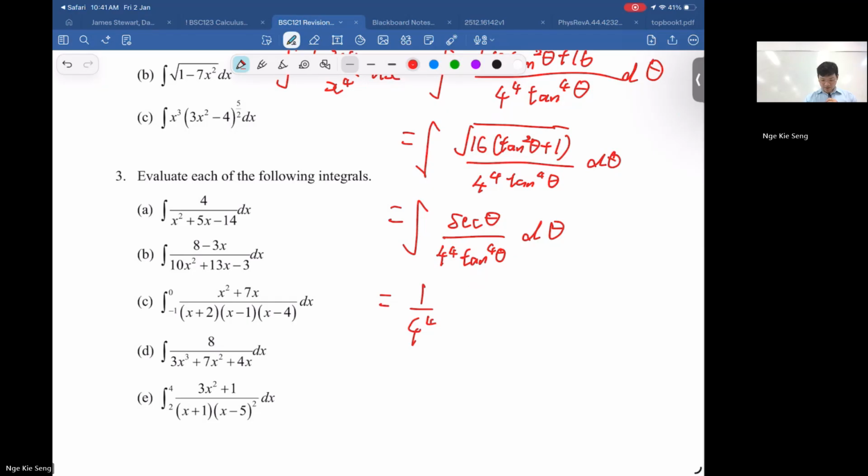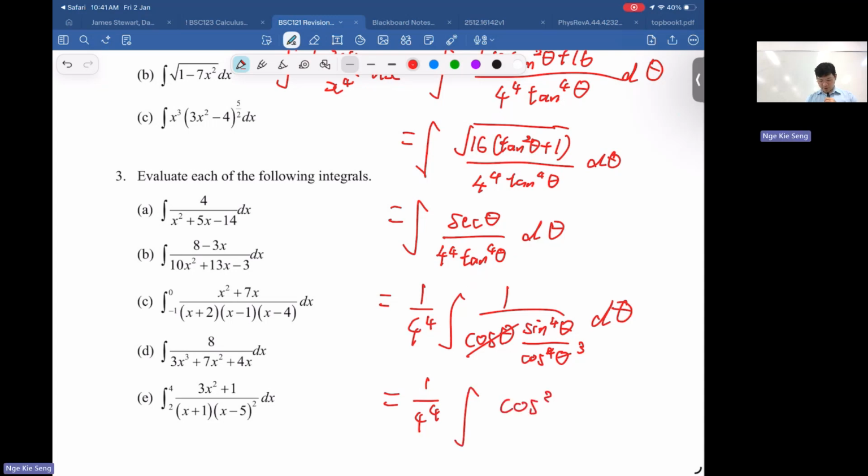So rewrite it, let's say I also write it as cos theta, then we have sine theta to the 4 over cos square theta to the 4. Like that. And so you cancel out one of it, three of them become cos to the 3 theta over sine to the 4 theta.